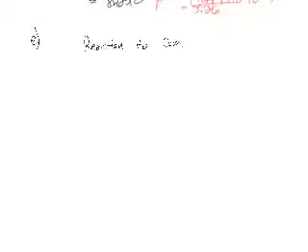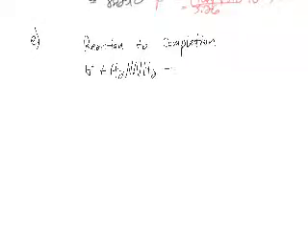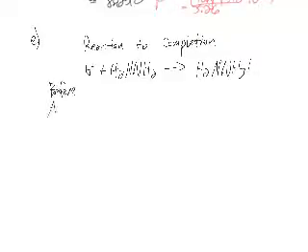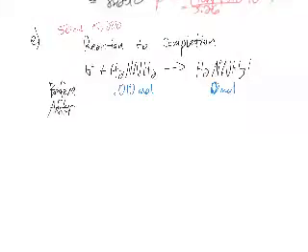On to part E. The only difference in part E as compared to the initial setups before is that we have a different initial number of moles of hydrogen. 50 milliliters of 0.2 molar hydrogen ions would be 0.05 times 0.2, which gives us 0.01.